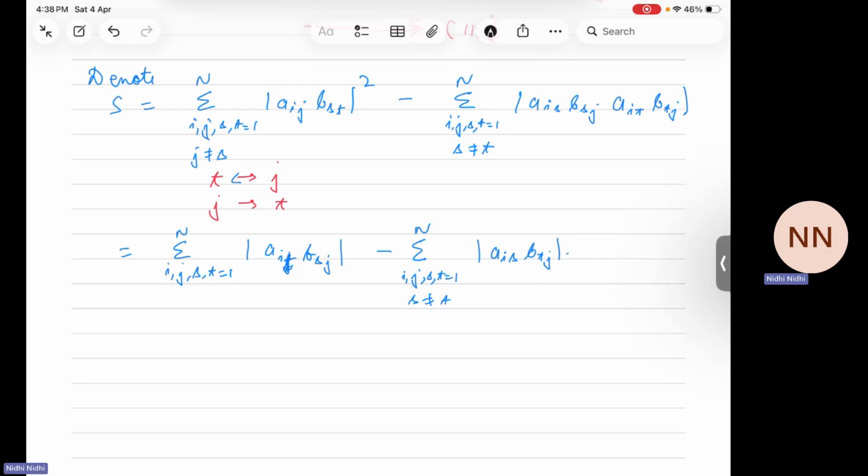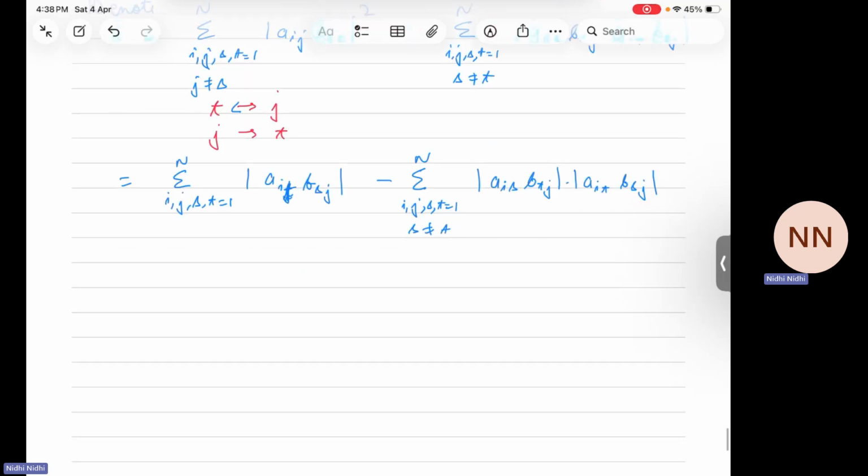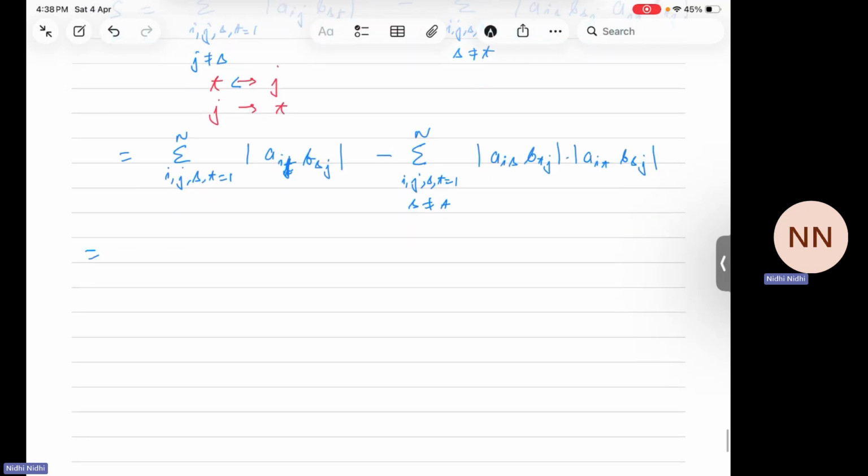Yeah, we can write it like this. Now I'll take the summation over ij outside, because in both cases we are taking ij from 1 to n. So this is summation ij from 1 to n.